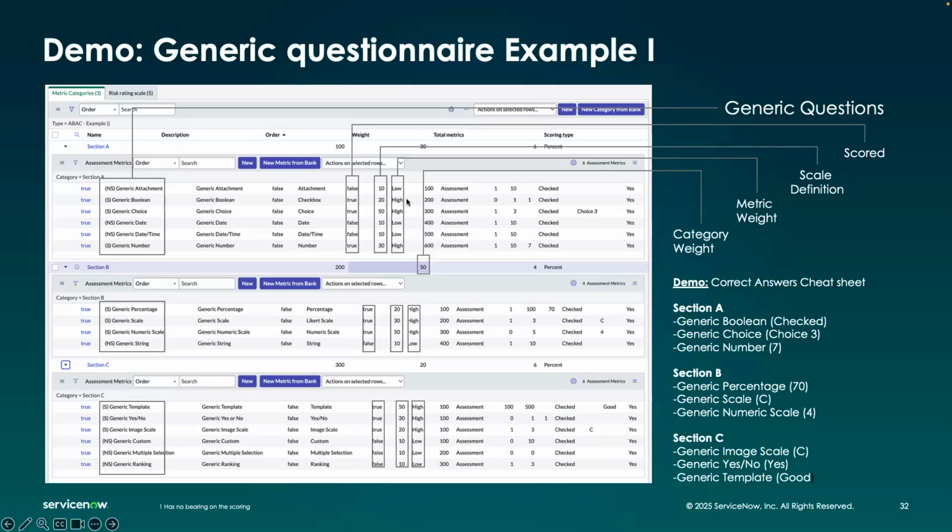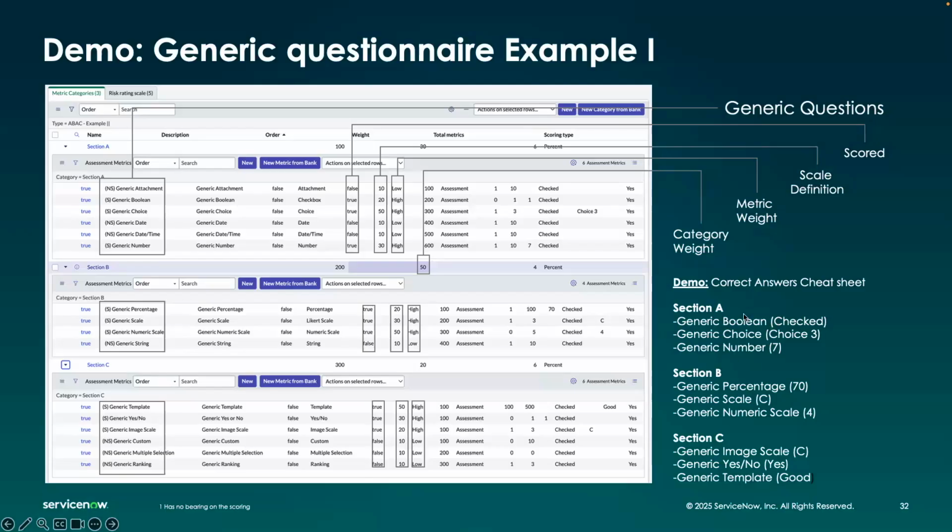The reason why I am using a generic questionnaire is because I want you to be able to see how each question that is metric data type contributes to scoring. As a reminder, we previously discussed in the session that some questions are scoreable and some are not. There's a cheat sheet here.